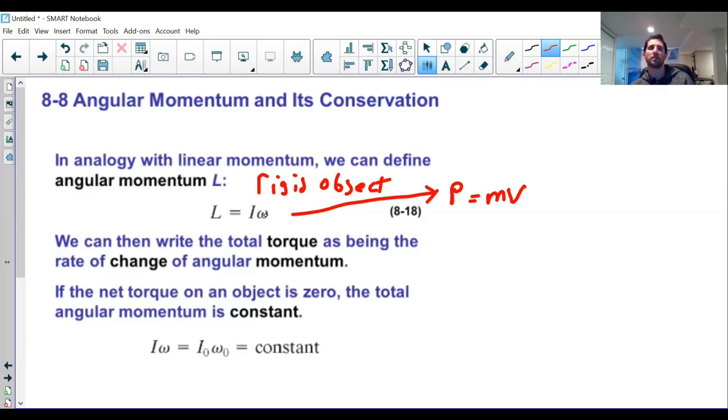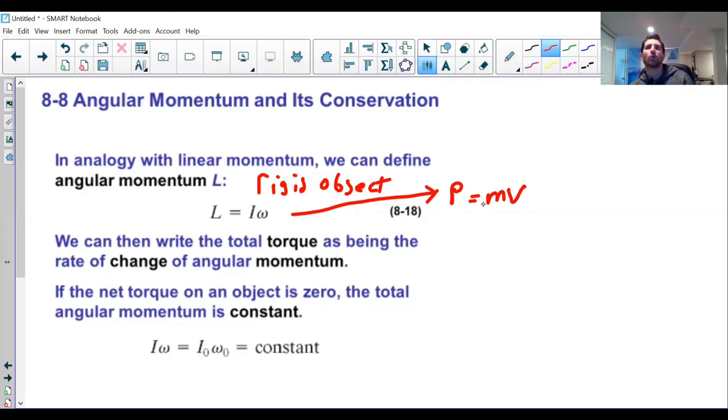Omega is the angular speed. It's how fast something's rotating. V is the linear speed. It's how fast it's moving in a straight line. So in a very similar way, we can use this to calculate angular momentum, just like we use this to calculate linear momentum.